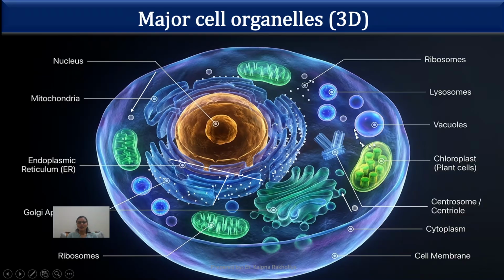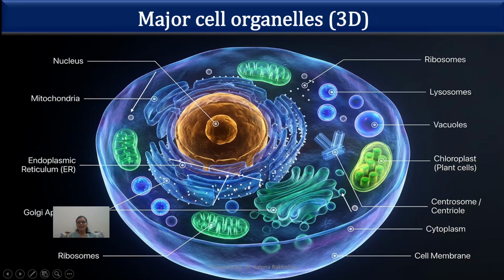Now this image shows the major cell organelles, and this picture shows the 3D image. You can see here this is the nucleus. Here is the mitochondria. This is the endoplasmic reticulum. You can see that here no ribosomes are attached on the endoplasmic reticulum, so this is the smooth endoplasmic reticulum.